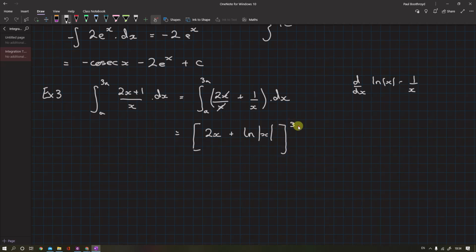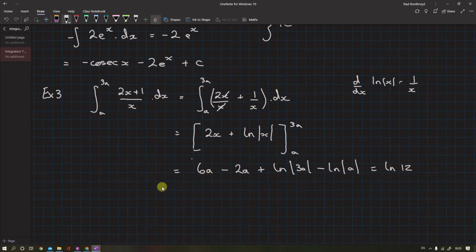For 3a and a, which is going to be 6a minus 2a plus log 3a minus log of a, and we were told that must equal log of 12.